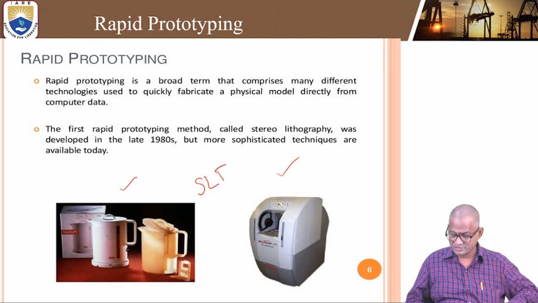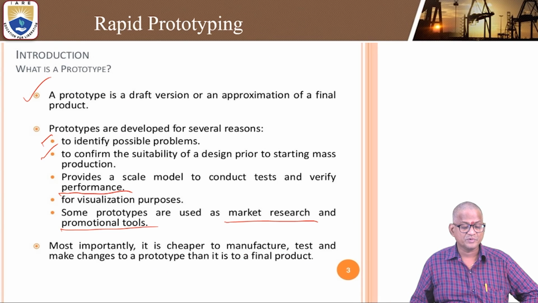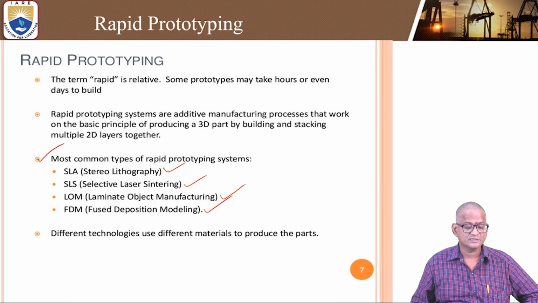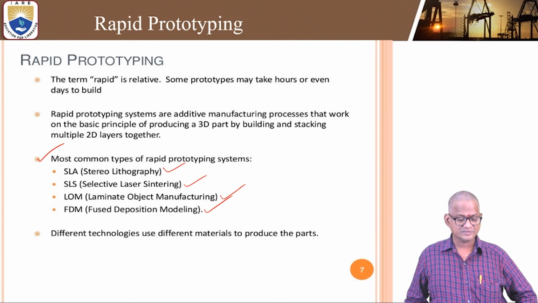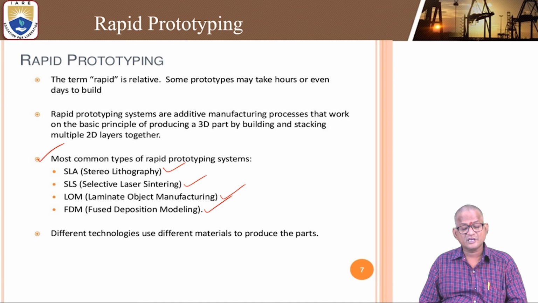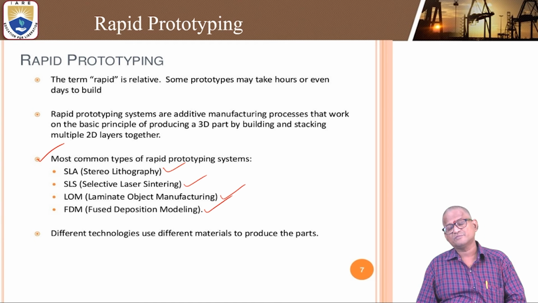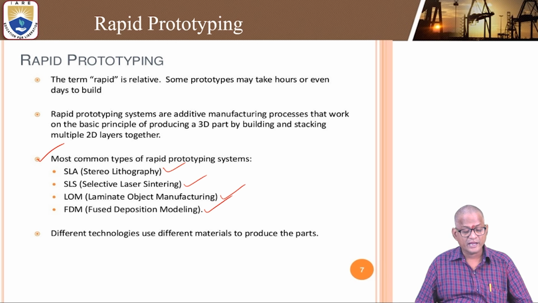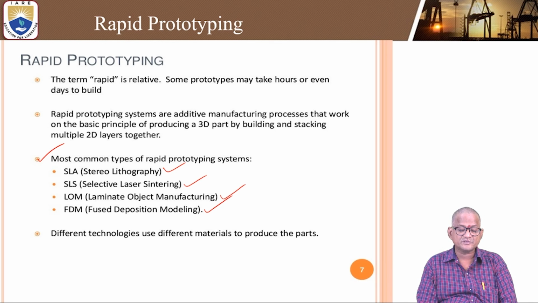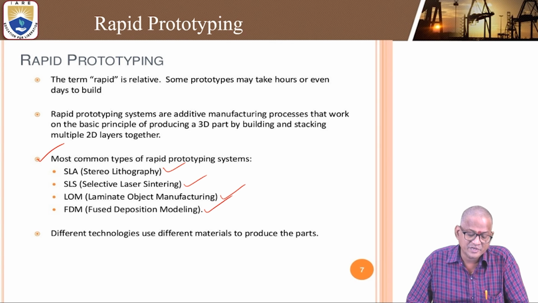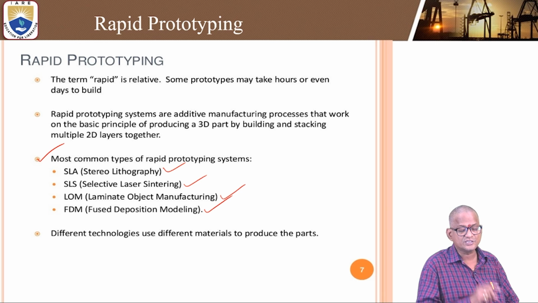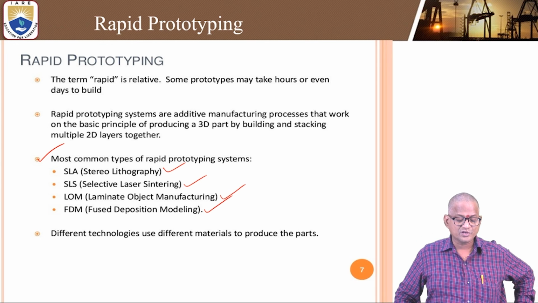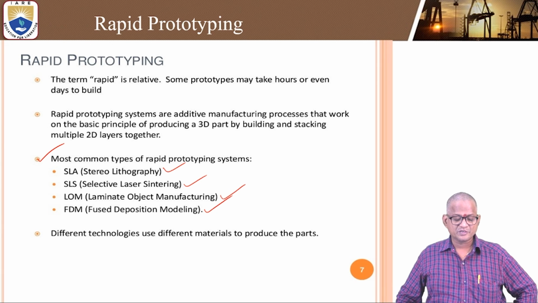Still in detail, you are going to study the important techniques, like the common types of rapid prototyping systems: SLA, SLS, LOM, FDM. FDM means fused deposition modeling, LOM is laminated object manufacturing, SLS means selective laser sintering, and SLA is stereolithography, a mostly advanced rapid prototyping system.